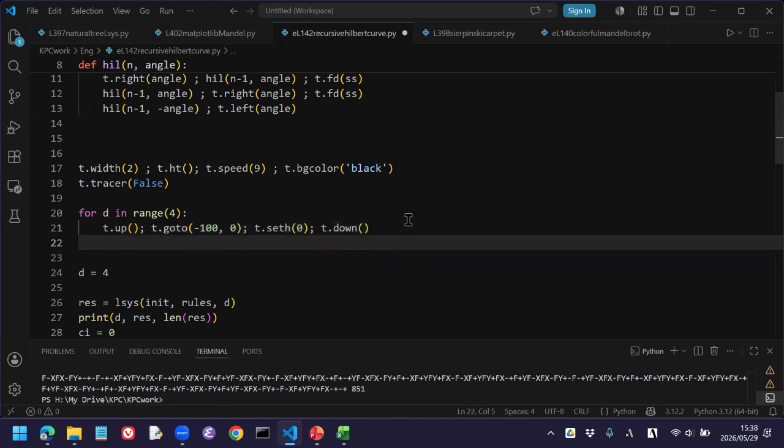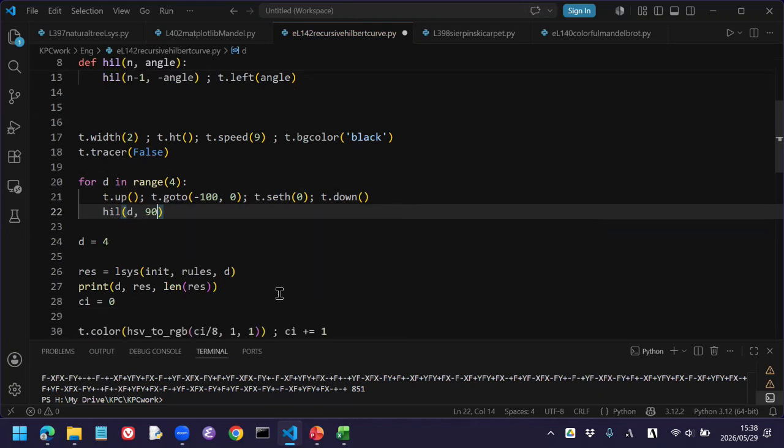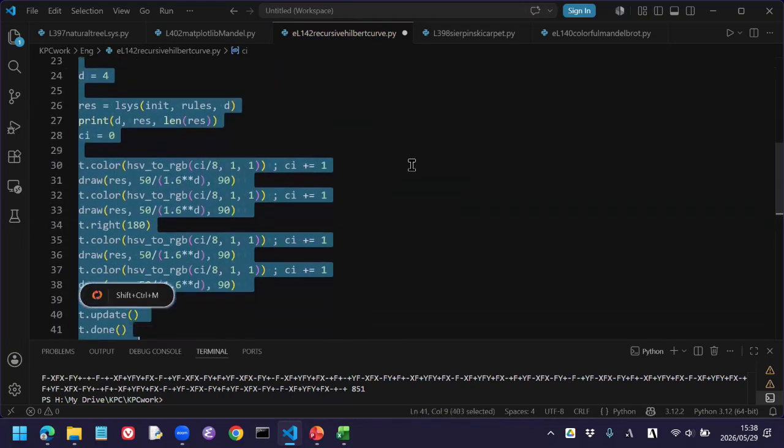And let's call hill d and 90 degrees. Okay, I think that's enough. We don't need these. We don't need this. We just remove almost everything.